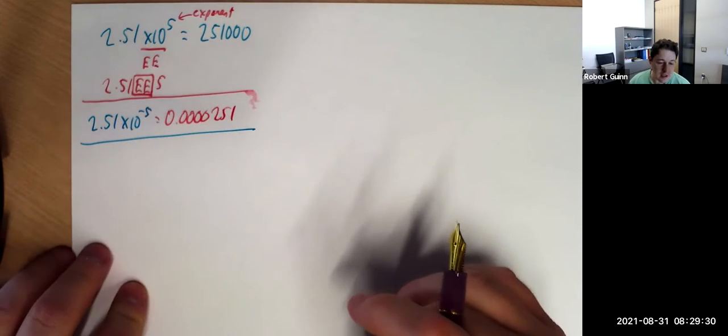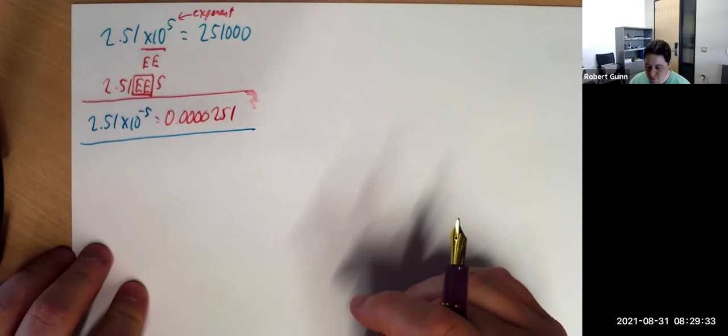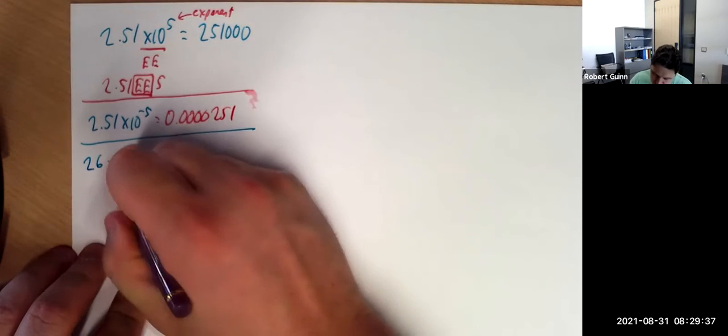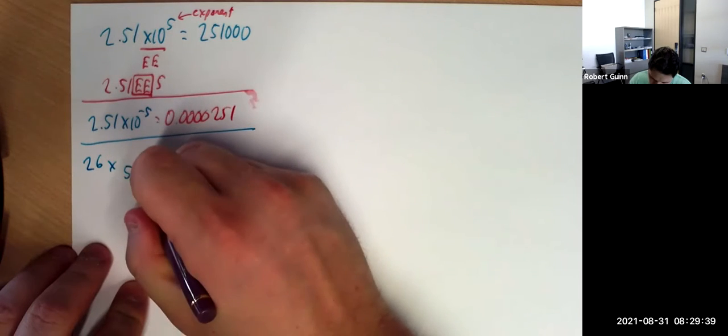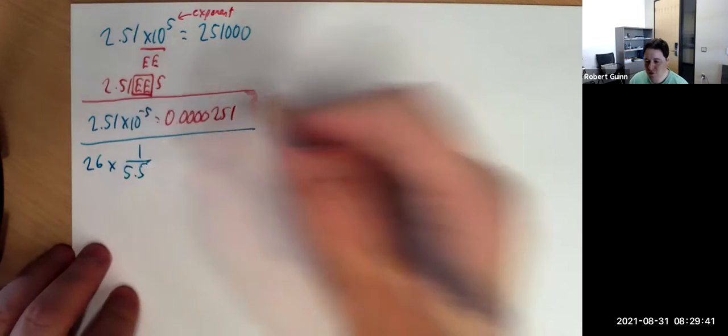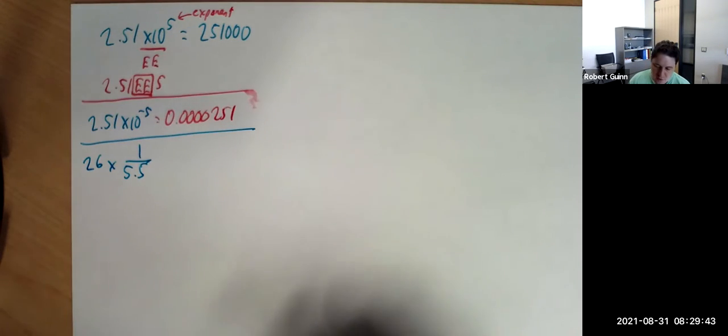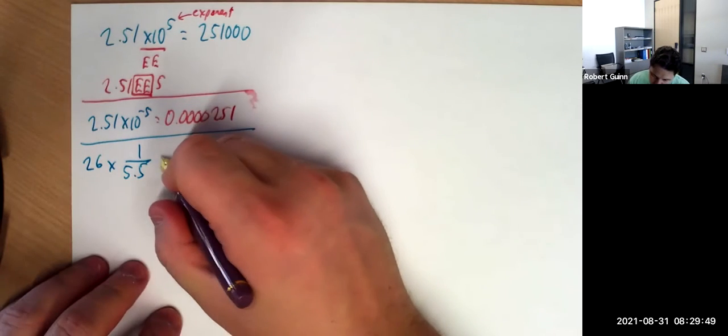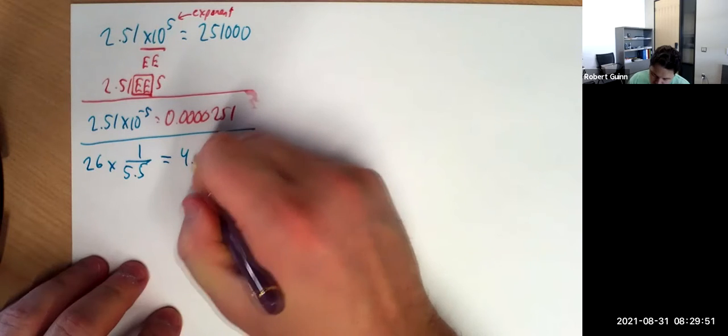I find that it's the denominator where people have some issues. So let's look at an example like that. So if we had 26 times 1 over 5.5, how would we process that? Well, the answer is 4.7.